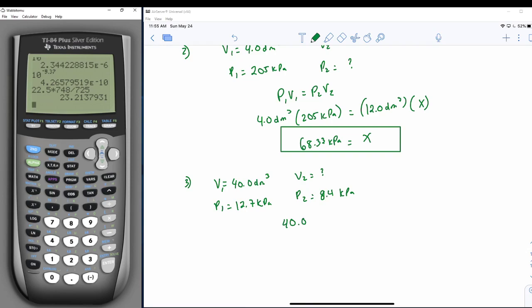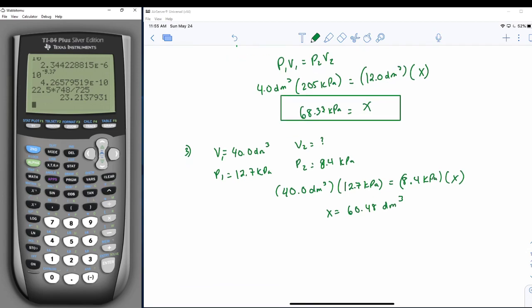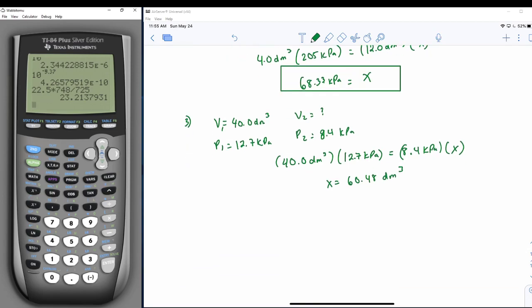Again, 40.0 decimeters cubed times 12.7 kPa is equal to 8.4 kPa times X. So then you end up getting X is equal to 60.48 decimeters cubed, which makes sense because the pressure's going down, so the volume has to go up. And the pressure's going down by about 50%, so the volume goes up by about 50%.